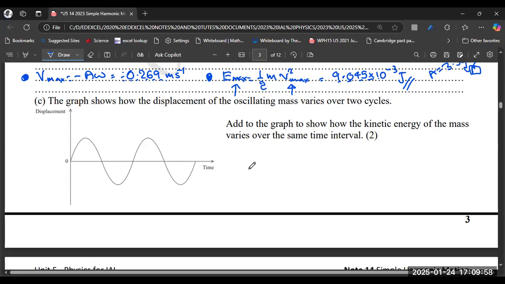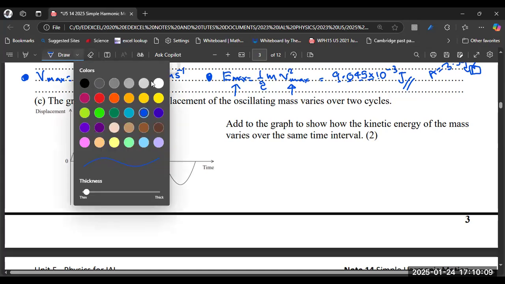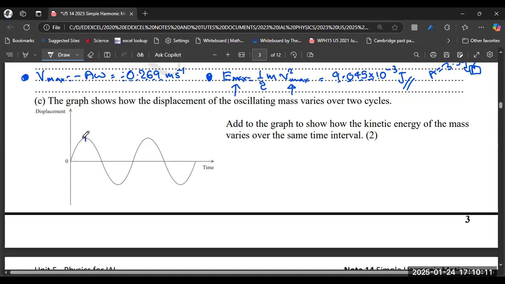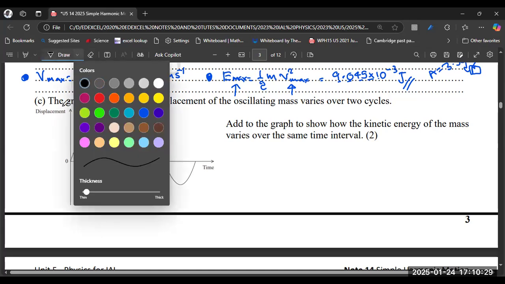If the displacement graph looks like this, go a quarter ahead. This would be the shape of the velocity graph. But I have to draw it from the beginning. So now I understand the shape, and now I will draw.